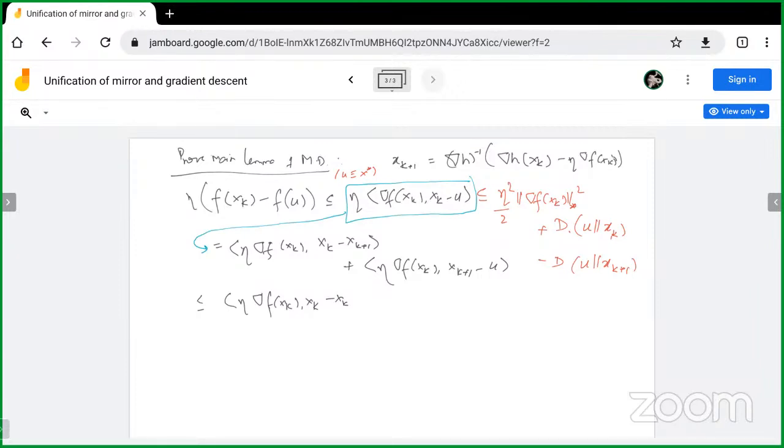What do I know about x_k plus 1? I know that it's a minimizer of something.